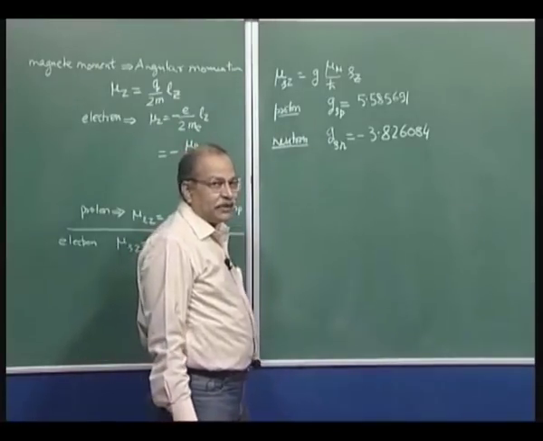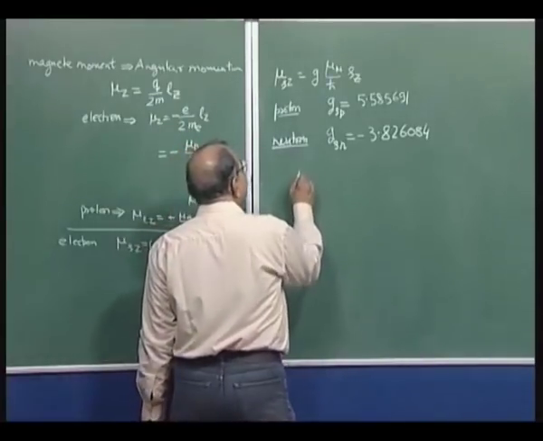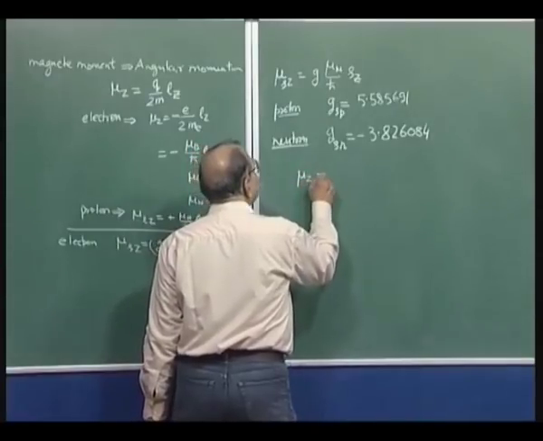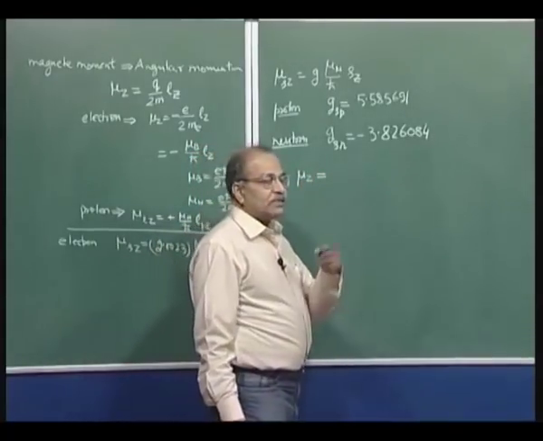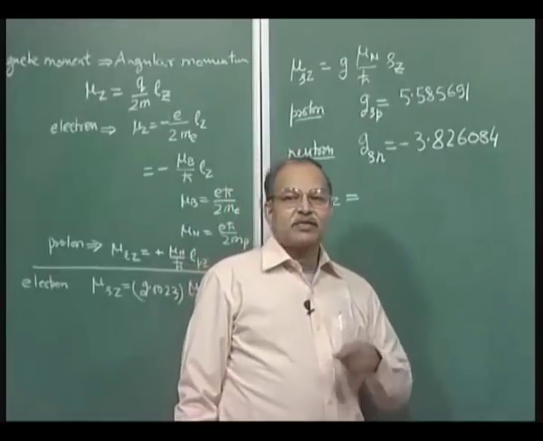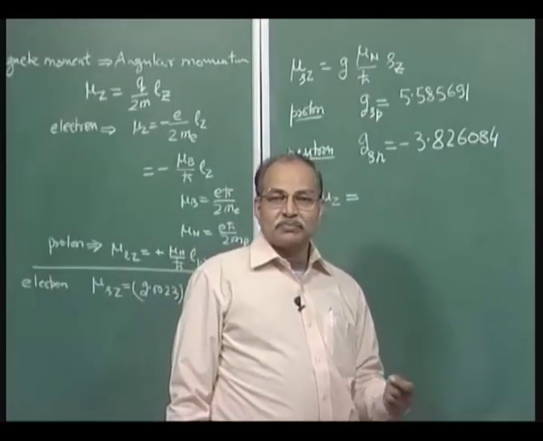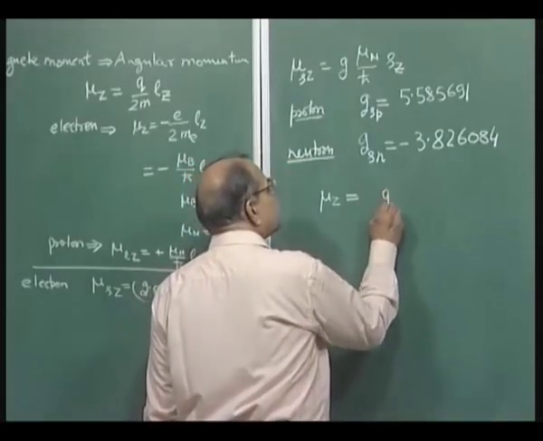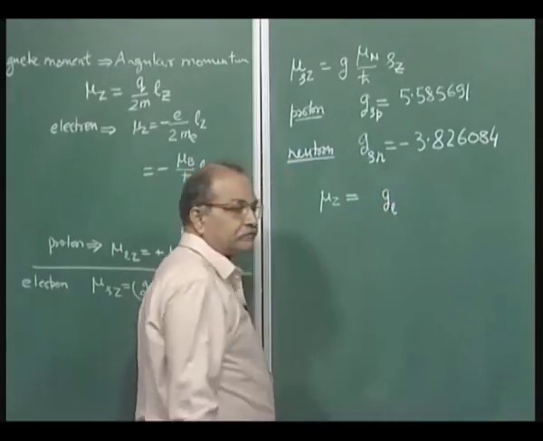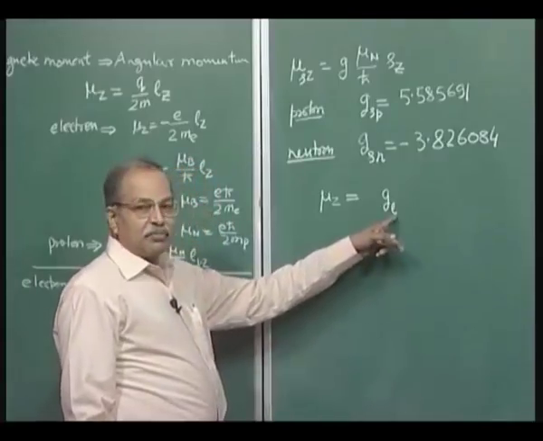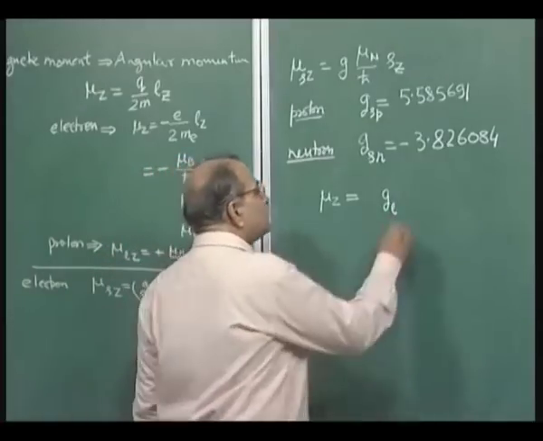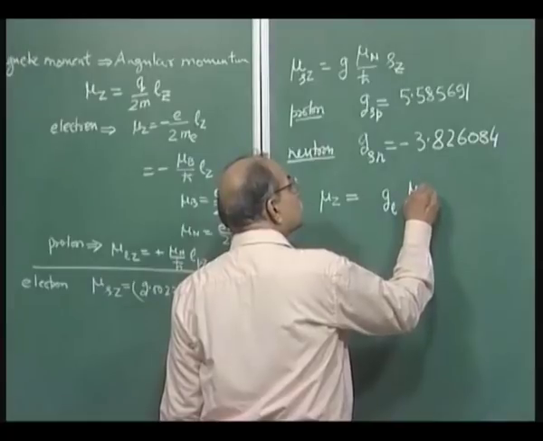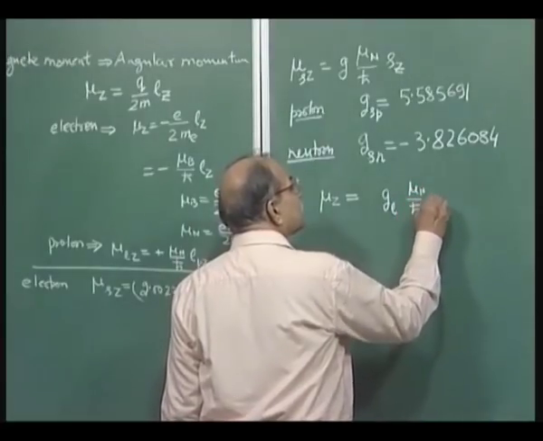Okay. So, when you write this mu z taking contribution from the orbital angular momentum and spin angular momentum of proton, the spin angular momentum of neutron, you will write this as, let me write it g_L. This is for orbital angular momentum, mu_N over h cross and then L_z.